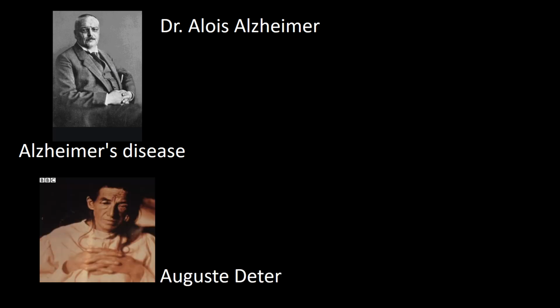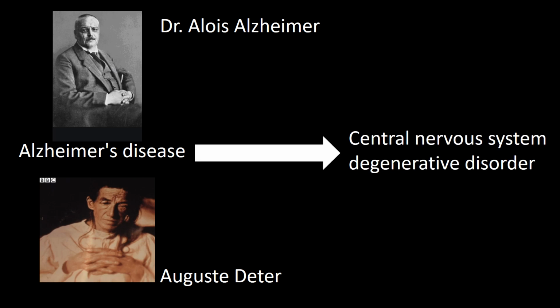Alzheimer's disease was described by Dr. Alois Alzheimer. He described it in 1901 based on a patient named Auguste Deter. Alzheimer's disease, to which we will often refer during this talk as AD, is a central nervous system degenerative disorder.